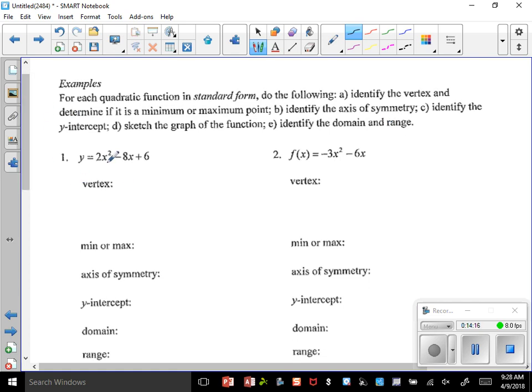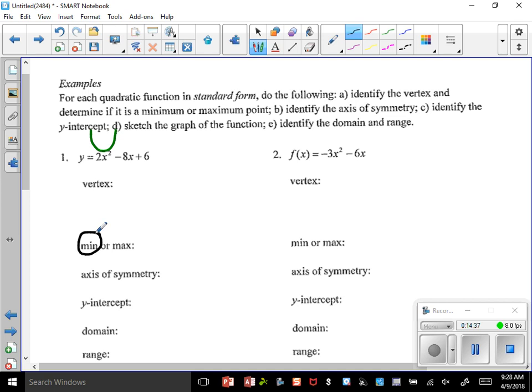All right, so just looking at this a term, I'm not even going to put it on the calculator right now. I want you to be able to tell me. Since a is a positive 2, so I know this parabola will be going upward. Okay, so would this vertex be a minimum point or a maximum point? Minimum. Very good.